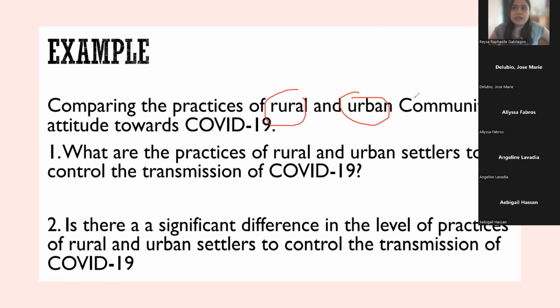Tapos, yung result ng linguistic data ay gagamitin to make a questionnaire para ma-answer itong question number 2. Is there a significant difference in the level of practices of rural and urban settlers to control the transmission of COVID-19? So, ayun na. Masasagot na natin yan kasi may questionnaire na tayo, may numerical data na tayo.